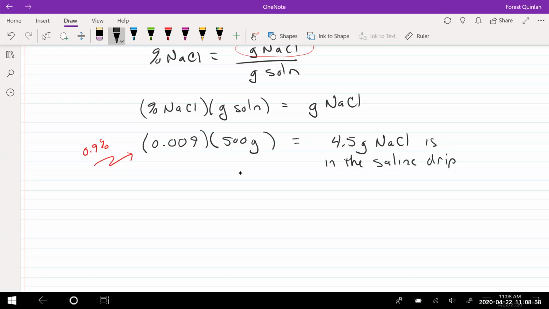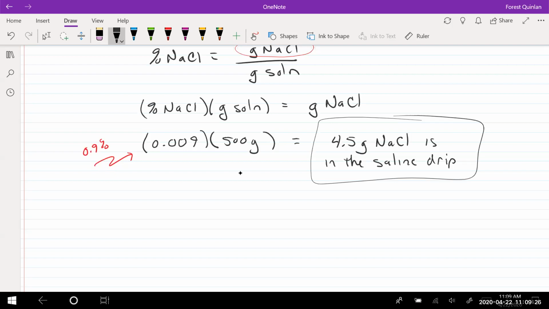So if you were in some sort of weird zombie apocalypse, kind of like what we're having right now, and you needed to make a makeshift IV drip for somebody, you grab water. So what is that? 4 cups basically. You drop in 4.5 grams. That's not very much. Let's see, what is that in ounces? 28 grams in an ounce.